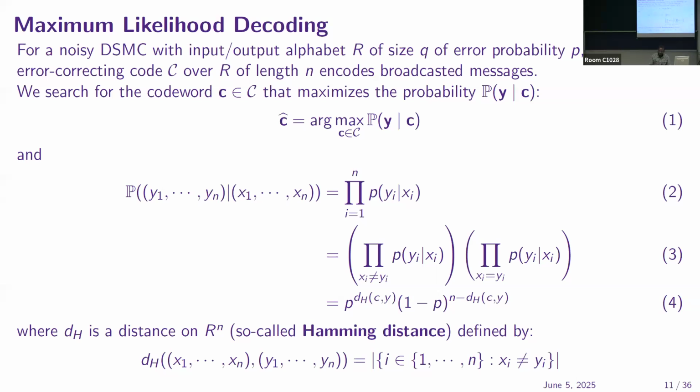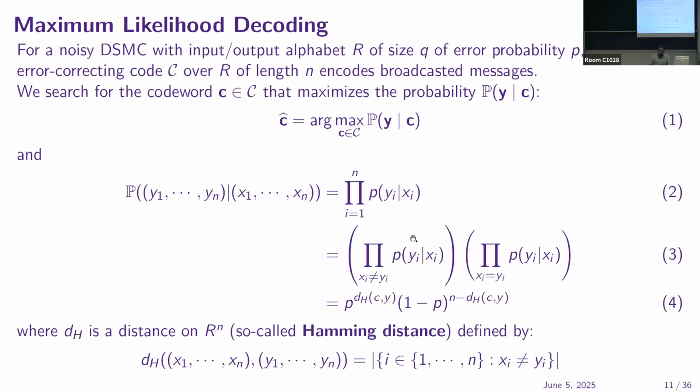In the first product, we have an error at the time i, where x_i is different from y_i.